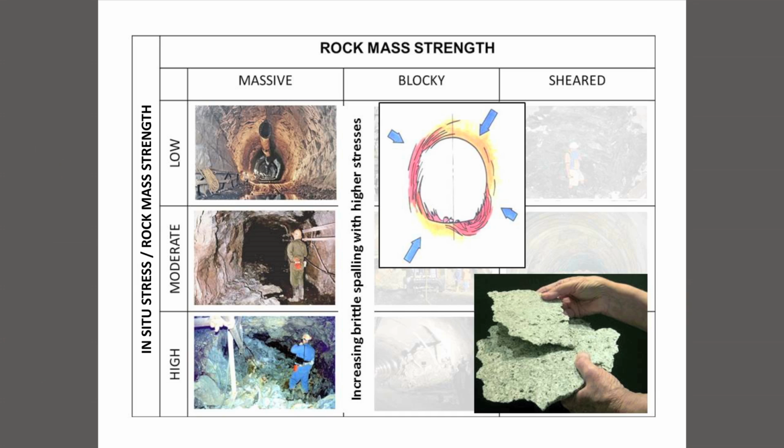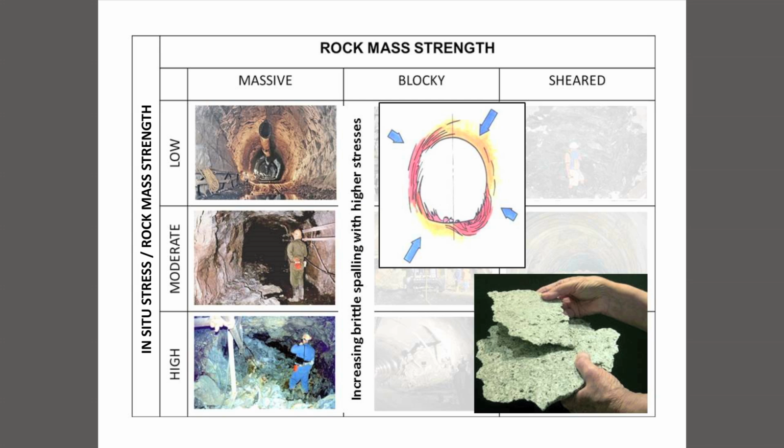Moving now to the left-hand column of massive rock under increasing stress. The failure of this rock under increasing stress is really a function of tensile spalling.